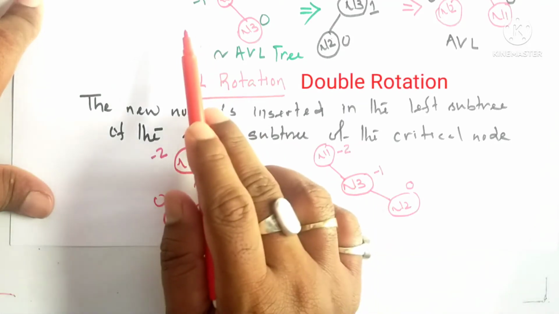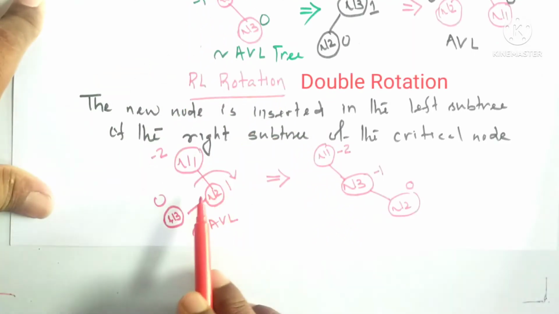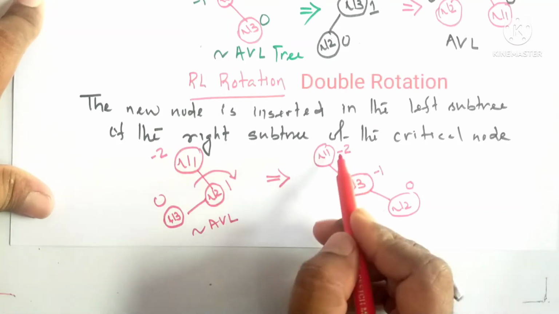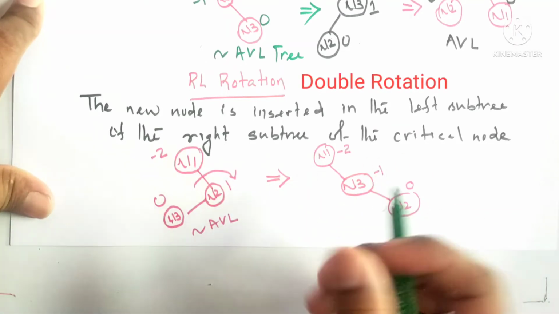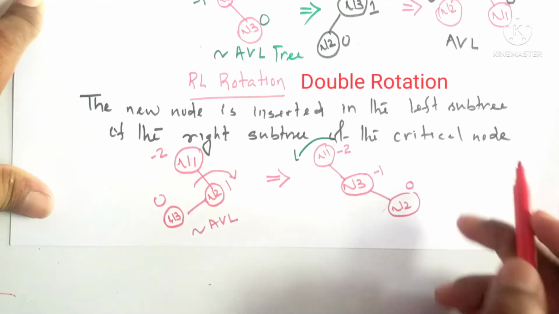So in case of your LR rotation, we are doing the first rotation anticlockwise. In case of your RL rotation, we are doing the first rotation in clockwise. Then you apply your second rotation at the critical node towards anticlockwise. So what will happen?